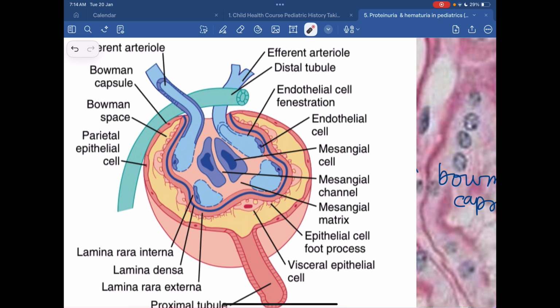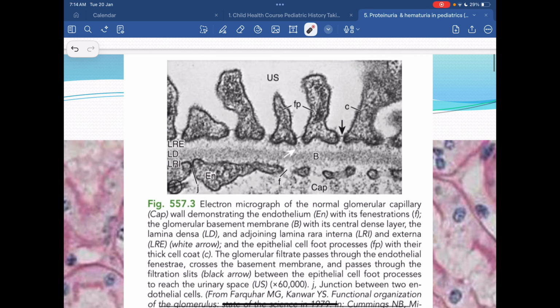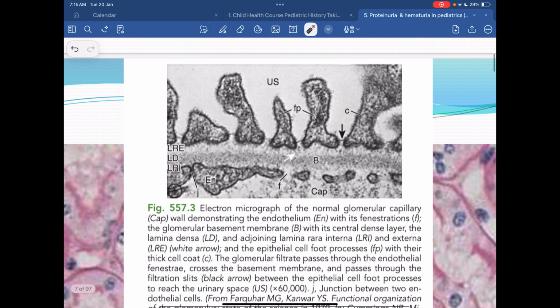We have also the glomerular basement membrane عندها 3 layers حقها. We have the epithelial cells اللي يطلع منها foot processes, which are the podocytes. On electron microscopy, here is our glomerular basement membrane, our 3 layers, and our endothelium. These are the fenestrations, and here are the epithelial cells and their foot process.